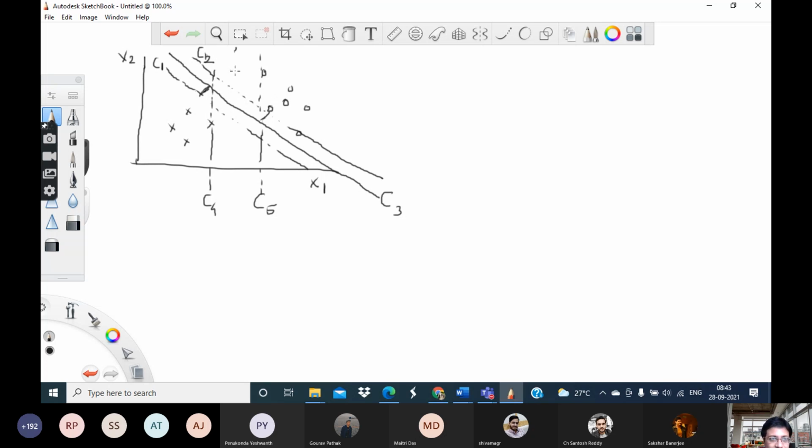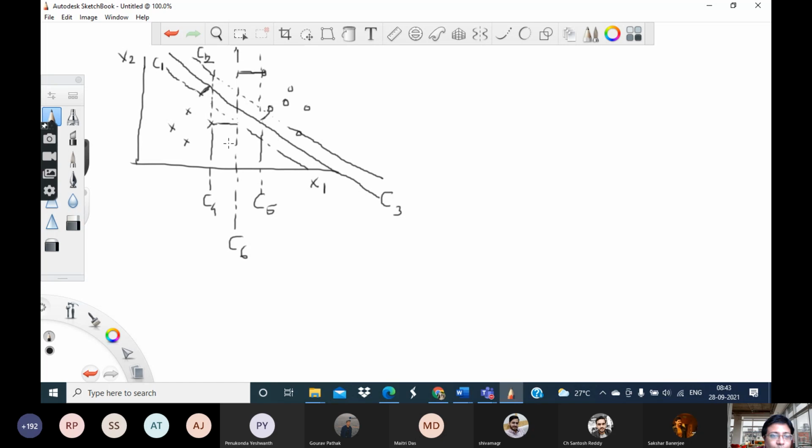And now again I consider the line which is exactly halfway between these two and parallel to them. I call this C6. Just like C3, C6 also has equal margin with respect to both the data sets. So this margin is this much and this margin is this much.